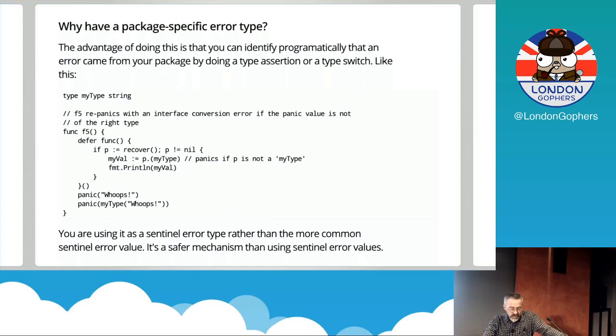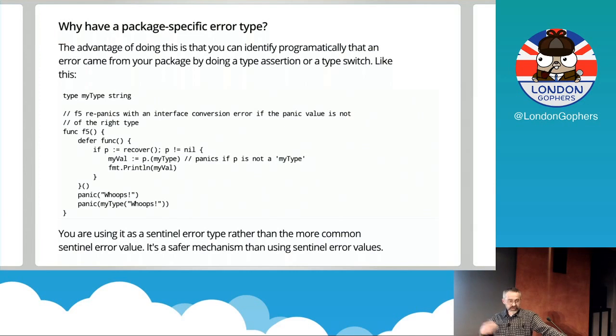And in this example here, I've set up a type. It's not an error type, but it's just any old type here. So my type is a string, and in the recover, if you assert that the panic value is of your type, then it will panic if it isn't.